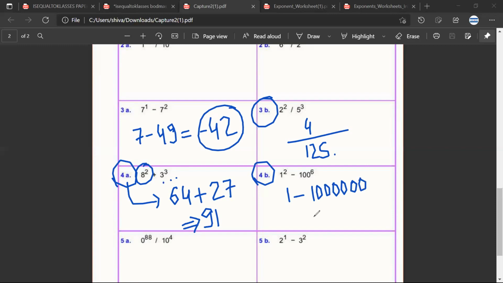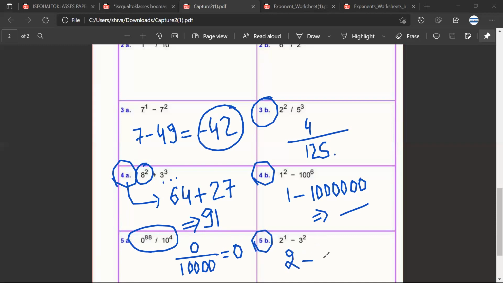Yeah, and you can find the answer. 5A. 0 divided by, so the answer will be 0. 5B. 2 minus 9. Any doubt? No, sir.